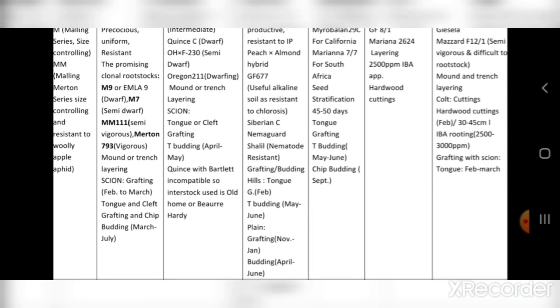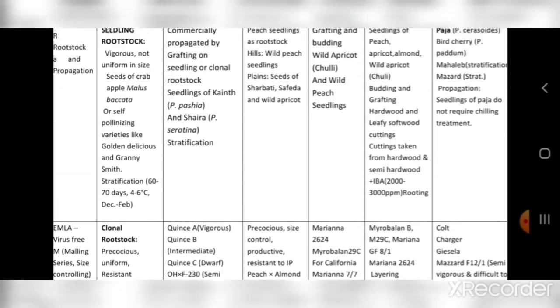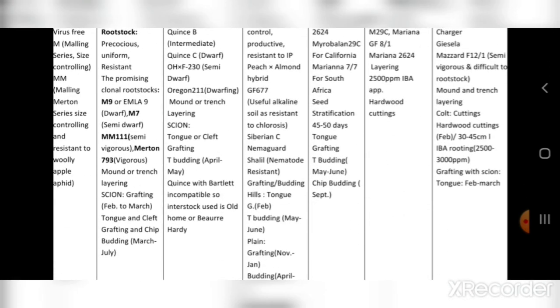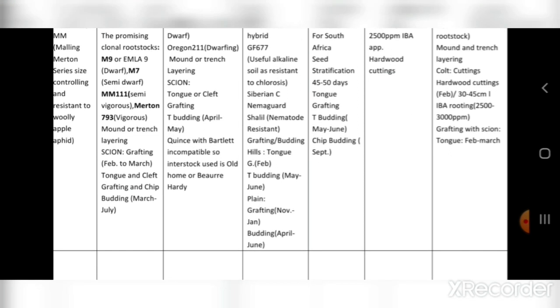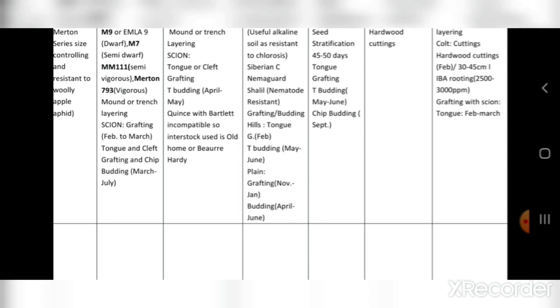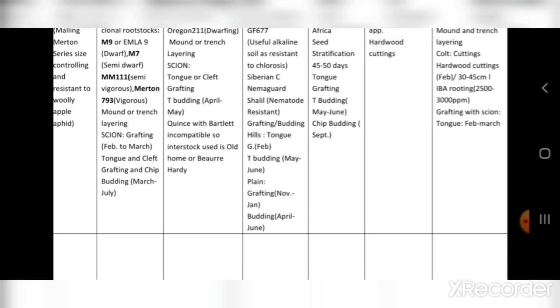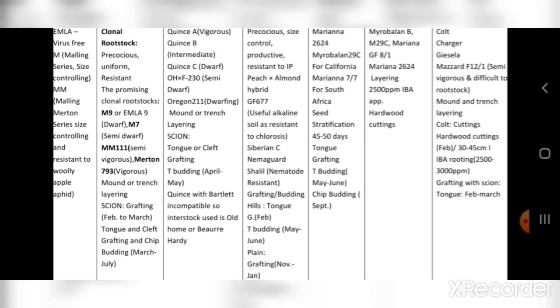These all are the clonal rootstocks which are used in case of peach. Nemaguard, then Chalil, that is nematode resistant. Grafting and budding can be done. In hills, tongue grafting is done in Feb, and in T budding May-June. In case of plains, grafting is done in November-Jan, and budding is done April-June.